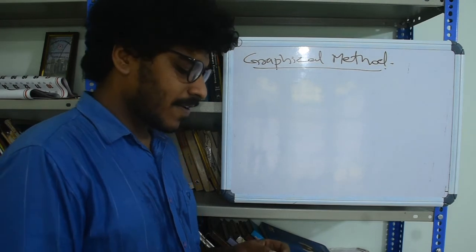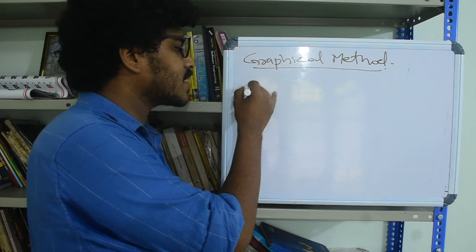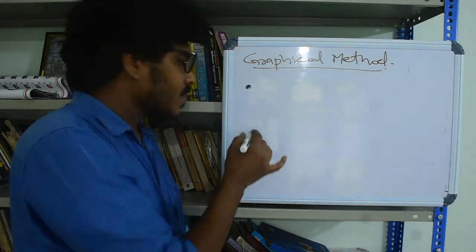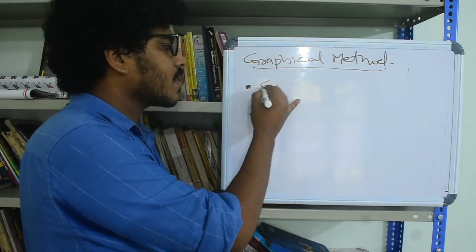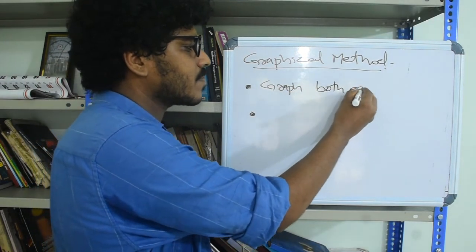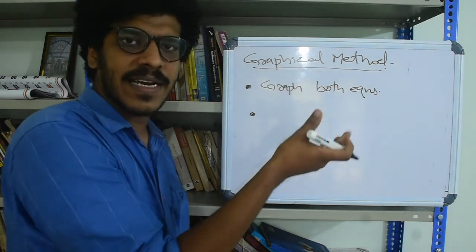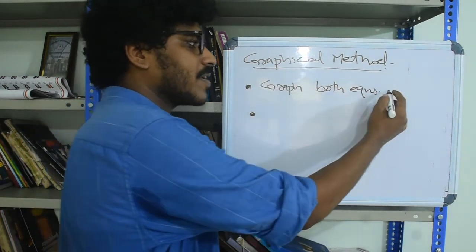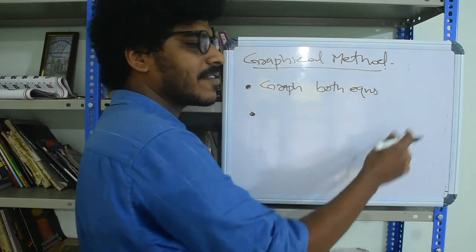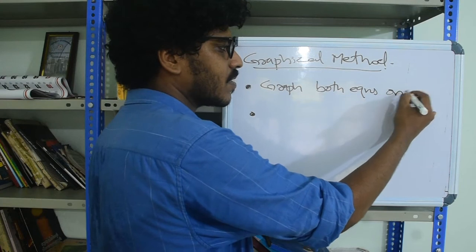So to find the common solution to two linear equations graphically, there are two steps. Graph both equations, and you will get two straight lines. Graph both equations on the same plane. Don't graph them on different planes.